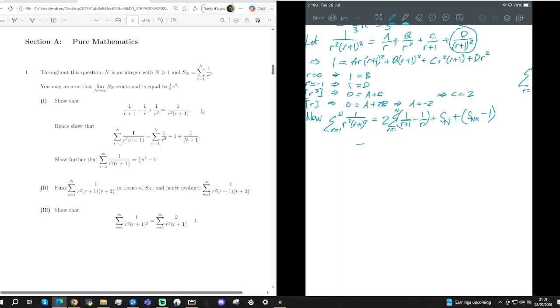So this is equal to the telescoping idea again, 2 lots of, now we've got the minus 1, and this, again, is the same sum we've done multiple times now, plus 1 over n plus 1, plus Sn plus Sn plus 1 minus 1, and then let n go to infinity.